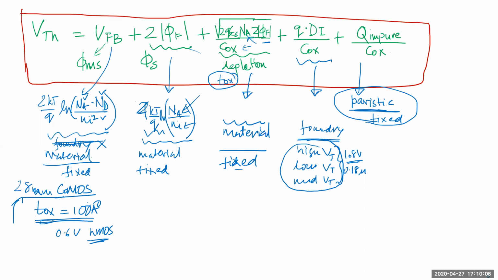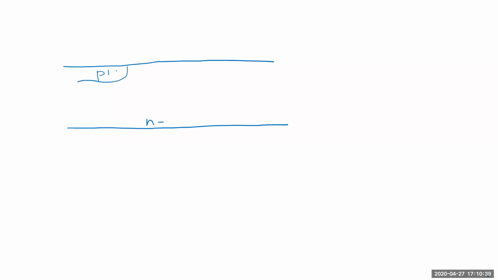The only thing we can control, actually, before I do that, I'll give you a problem to work on, like VT. We did a calculation for VTN for NMOS. Take this as homework, and this will give you an experience on how to become an engineer compared to what you have been doing so far. For a PMOS, this will be N minus, and obviously your source and drain will be P plus.